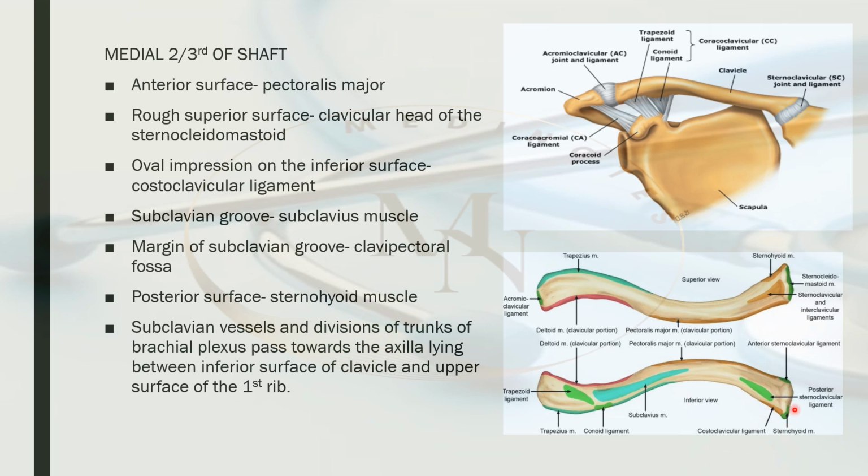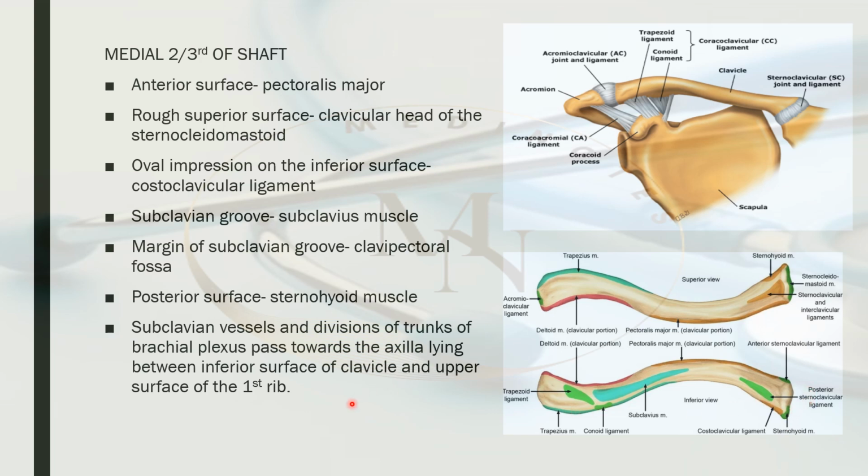Then you would have the subclavian groove, which gives rise to the subclavius muscle. The margin of the subclavian groove gives attachment to the clavipectoral fascia. The posterior surface gives rise to the sternohyoid muscle.